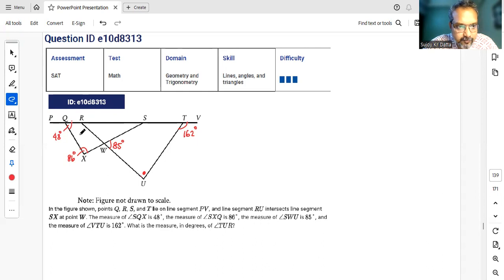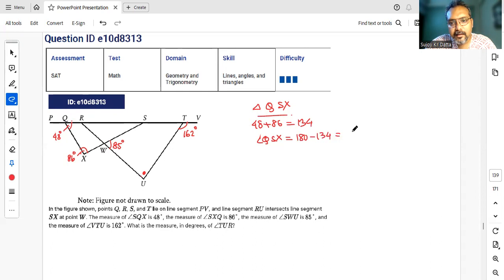So one way of doing this could be to first focus on triangle QSX. We have got 48 and 86. So 48 plus 86 would be 134. That means angle QSX would be 180 minus 134, so that's 46.